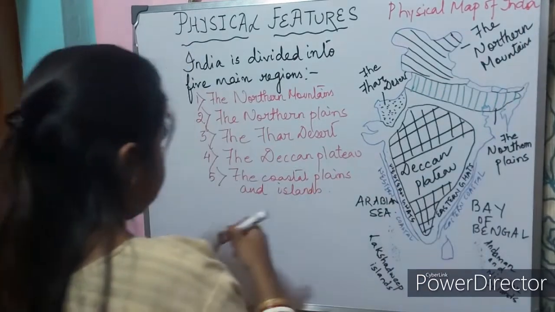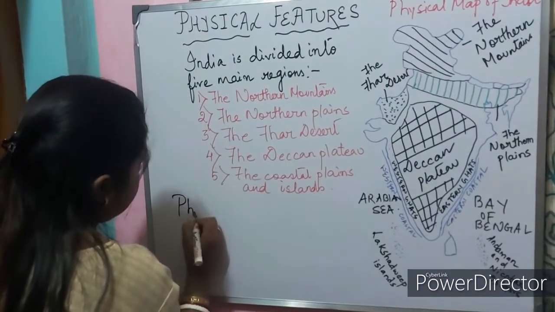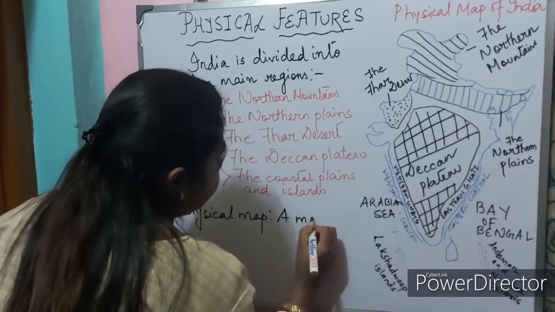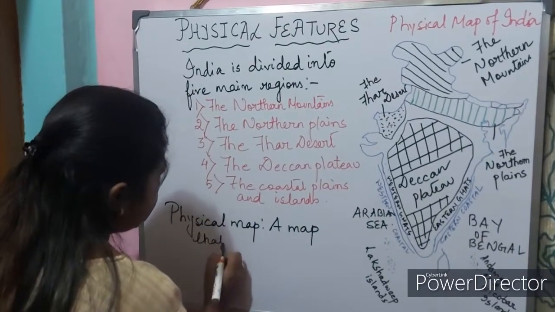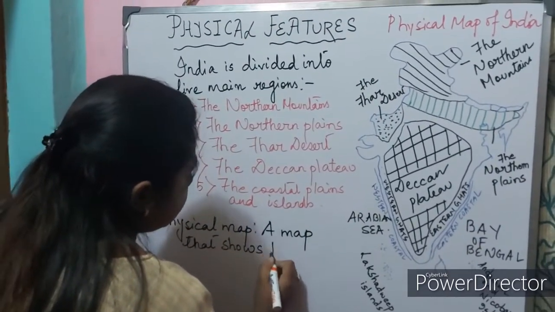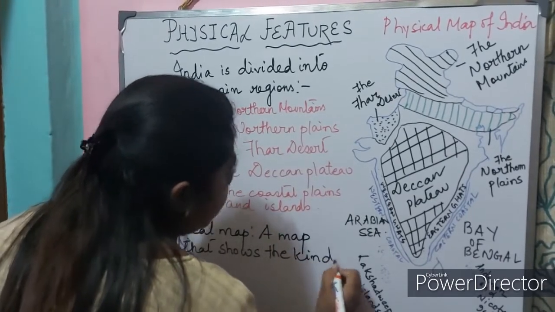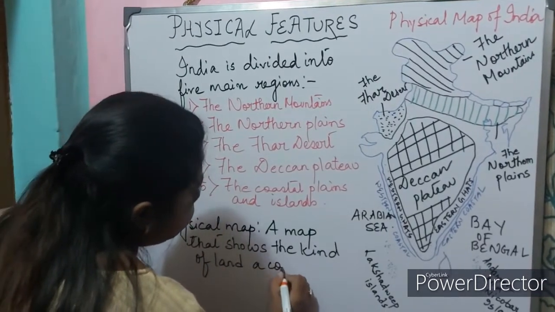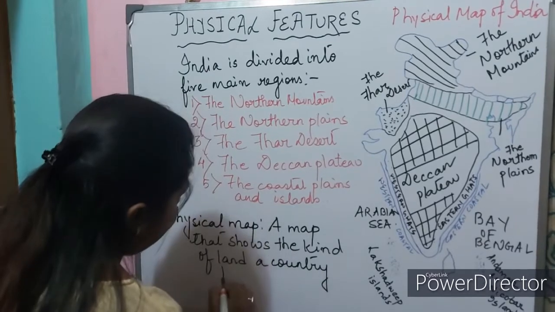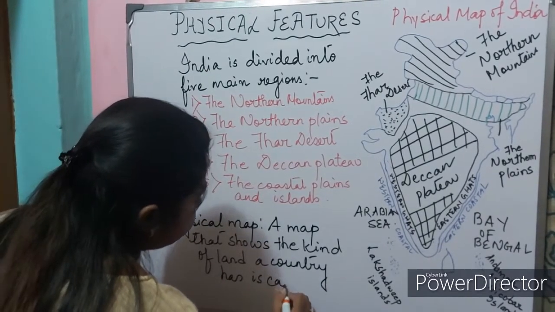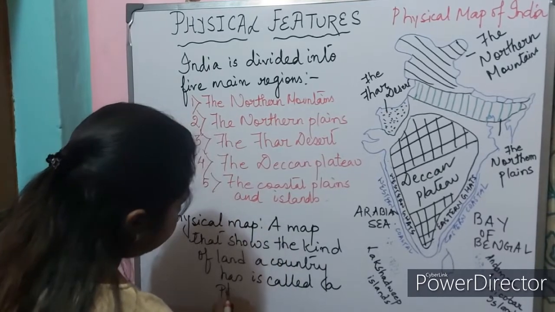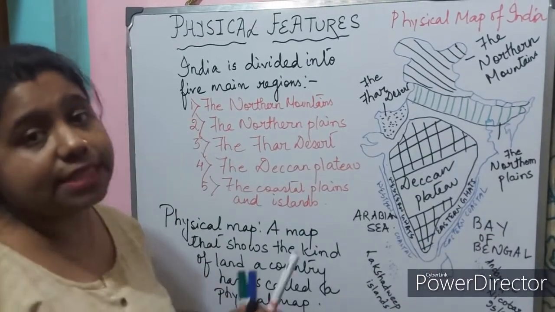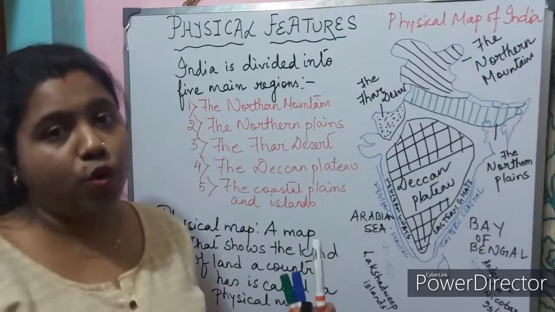Now, what is a physical map then? A physical map means a map that shows the kind of land a country has. For example, the physical map of India, the physical map of Europe, the physical map of Africa.